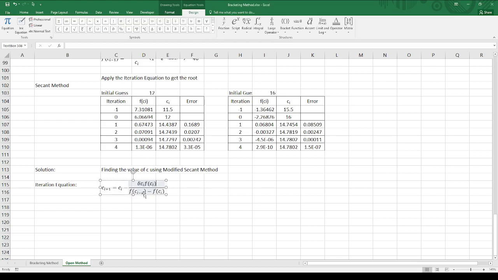F of C sub I, plus the sigma times the C sub I minus the F of C sub I. So, that's it.